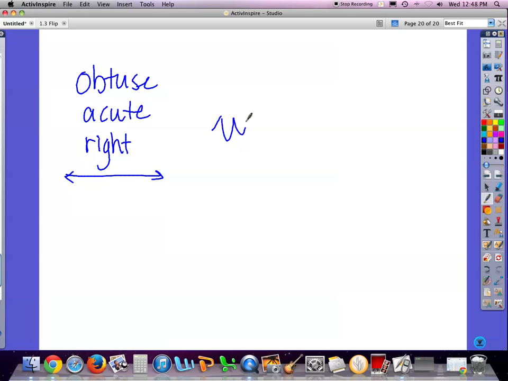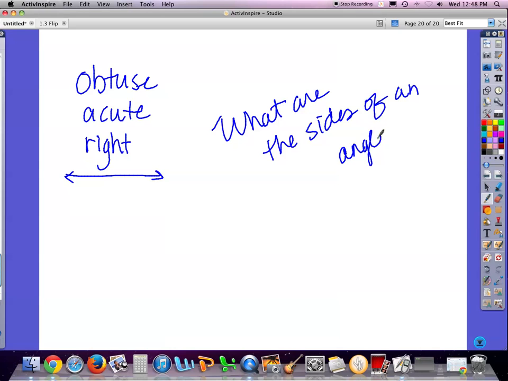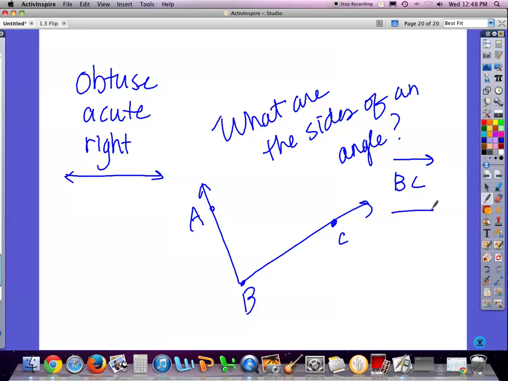One of my favorite questions as of recent is, what are the sides of an angle? Gosh, what are the sides of an angle? Okay, if I gave you an angle, we got A, we got B, we got C. Those are your sides, or that's your angle, you would say your sides are ray BC and ray BA.